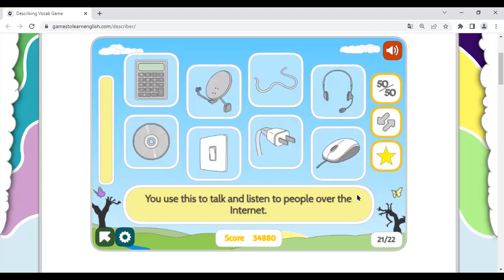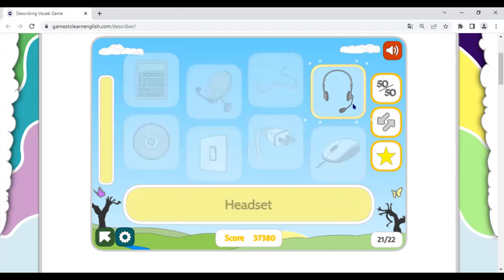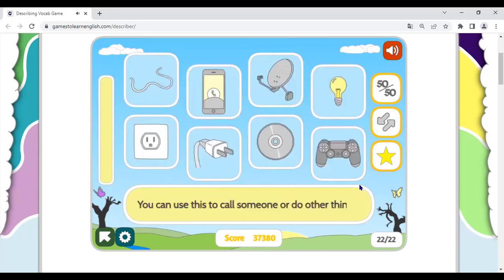You use this to talk and listen to people over the internet. Headphones. Headset. Yeah, because it's a headset, Carlos, because it has a microphone and earphones. That's why it's headset. Yeah, the gamers play with this on the internet.